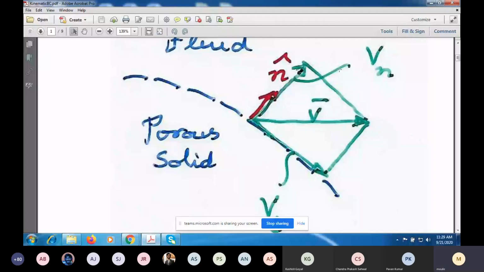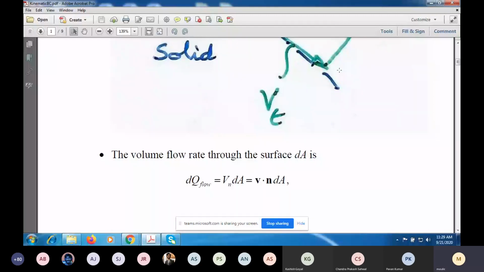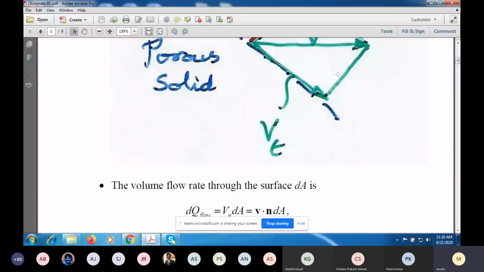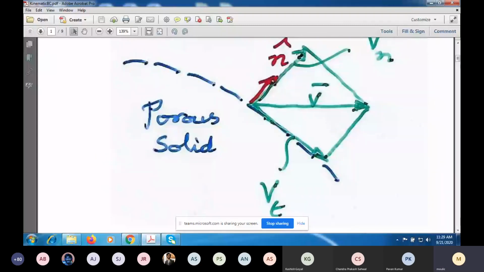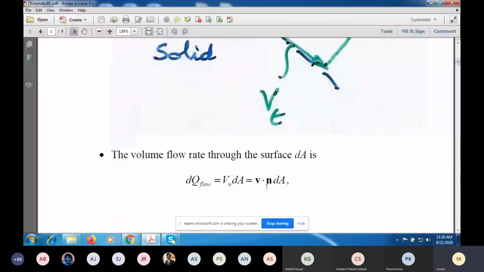Now in terms of the vector V, this Vn you can think of as V cos theta, if I say the angle between n and V is some theta. That is the same as V dot n, because V dot n is the magnitude of V into the magnitude of n, which is 1, times cos of theta.